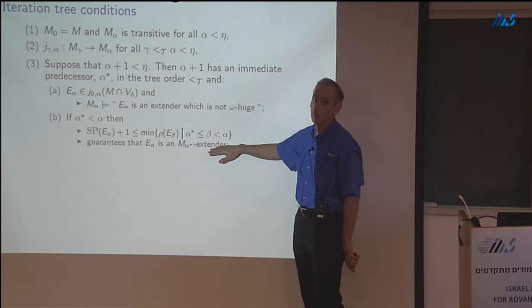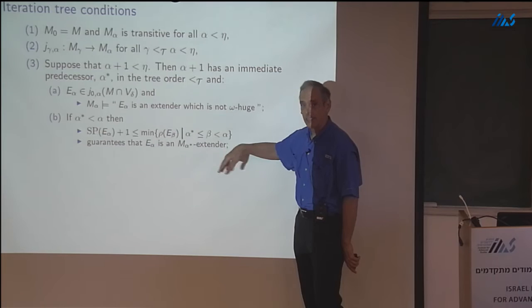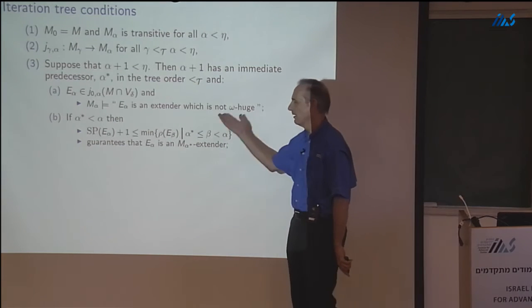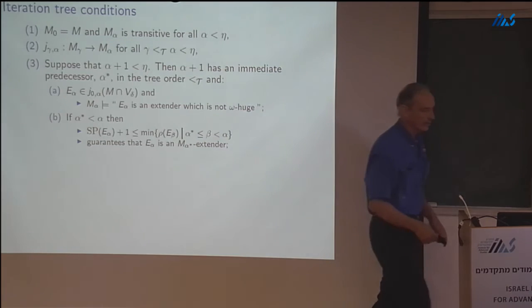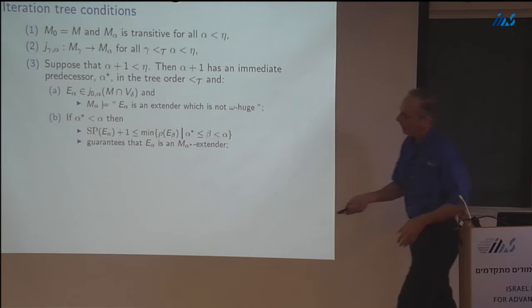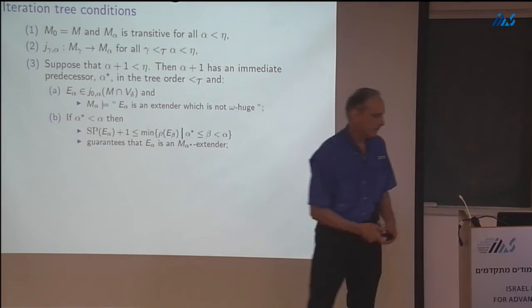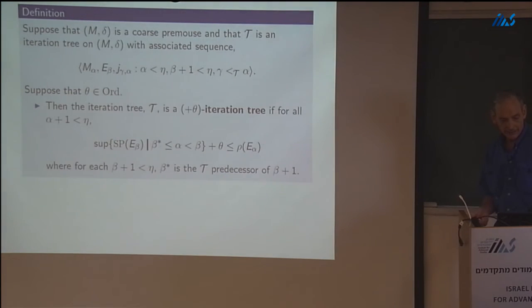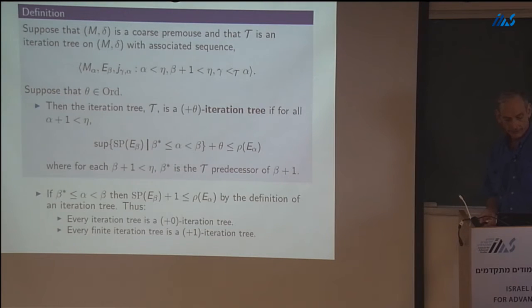This is requiring much more agreement between the models than is necessary. But again, when we narrow down to the iteration trees of interest, all the variations that you would use there are equivalent. So the thing to keep in mind is it looks like that. Okay, so that's a plus theta iteration tree.